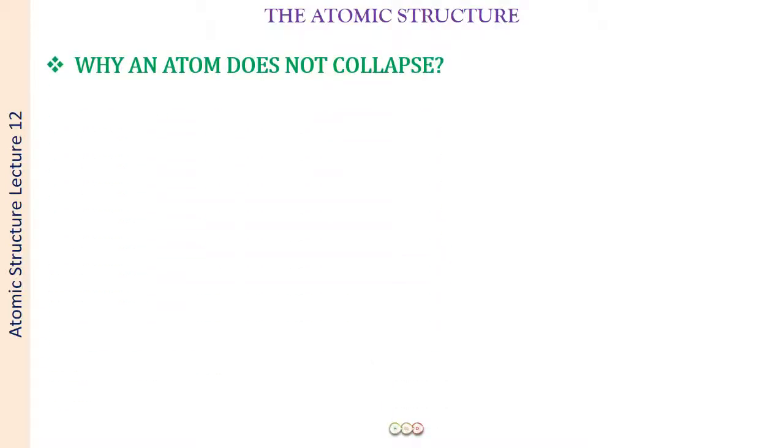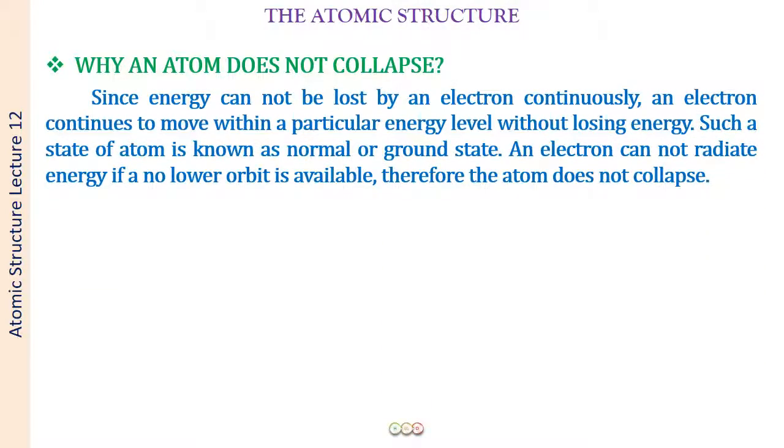So Rutherford's model failed because his atom was collapsing. And how did Bohr explain why an atom does not collapse? Well, he said that since energy cannot be lost by an electron continuously, an electron continues to move within a particular energy level without losing energy.